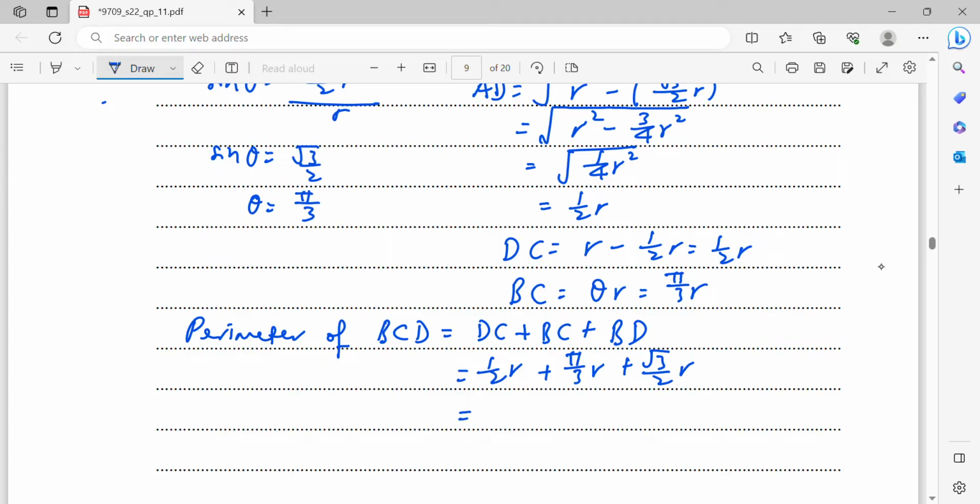Okay, so from here to simplify, you can take out the common factor, which is 1 over 6. Then the numerator is R. So once you factorize 1 over 6 from half, you get 3. Then the next term will be 2 pi. And the last term is 3 square root 3. Okay, so that is the perimeter of BCD.